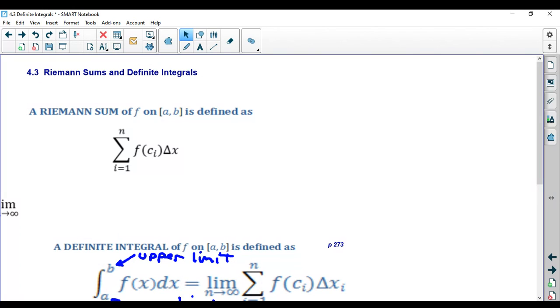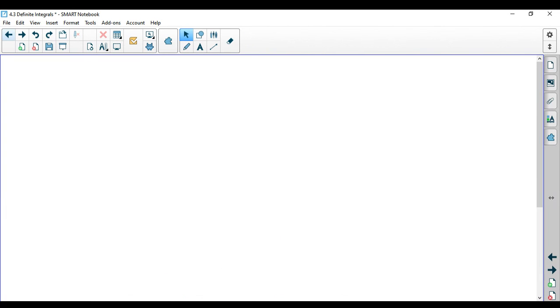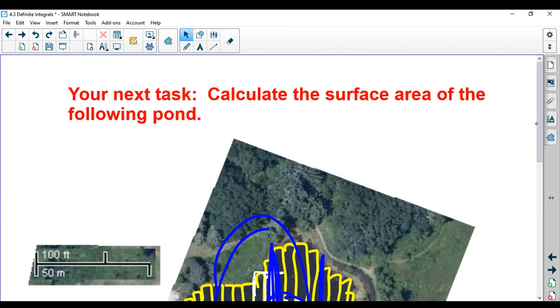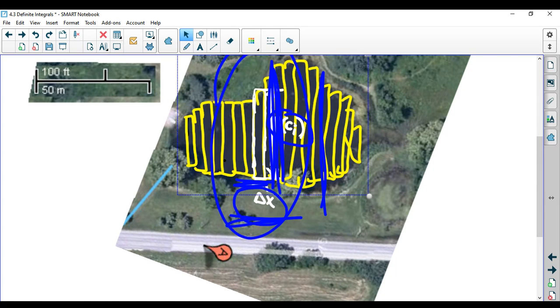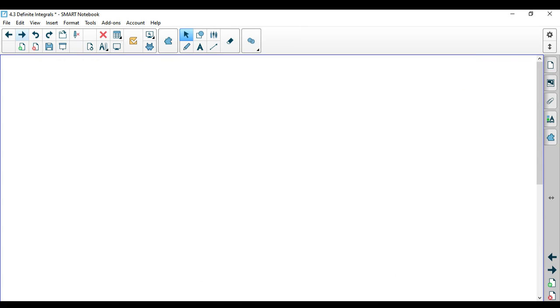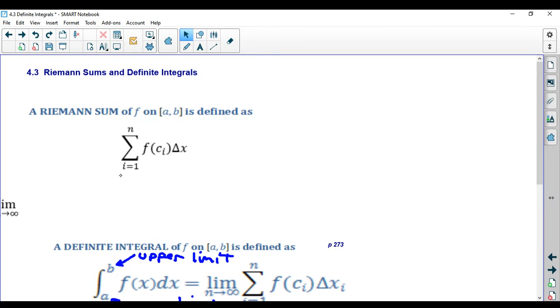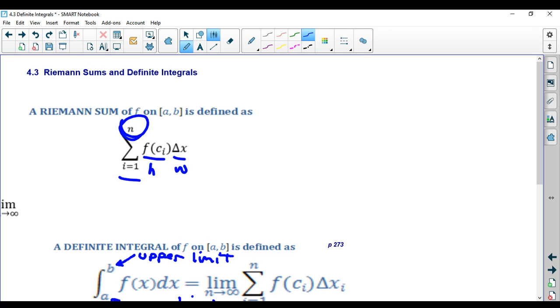If we took all those rectangles here and added them all together, it would be the sum, that's what this big sigma means, of the heights, each height times each width. So you're adding up a certain number, n is the number of rectangles.